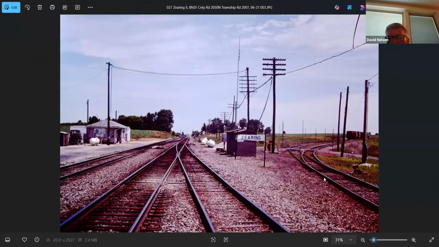This was probably the most obscure junction and interchange that the New York Central had on the whole line. And I'm sure that the CB&Q and the New York Central had a lot of interchange between the two, and they could have plugged this up if all of it came to Zering. Most of it undoubtedly was done in the Chicago area.